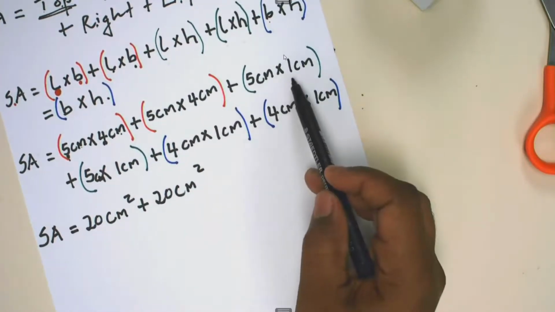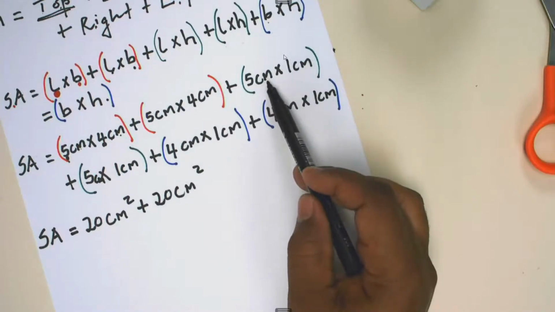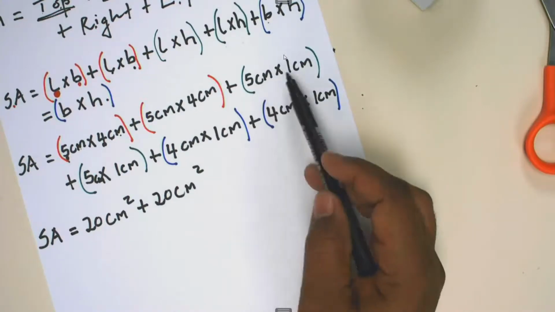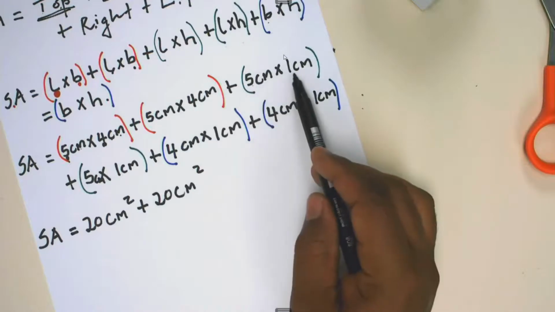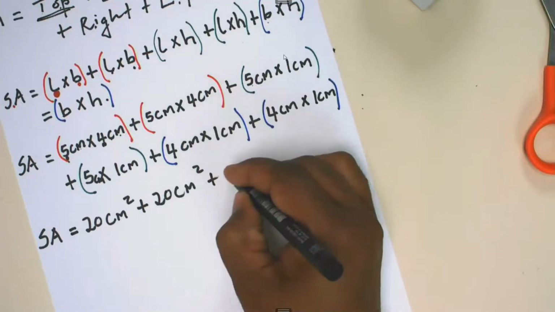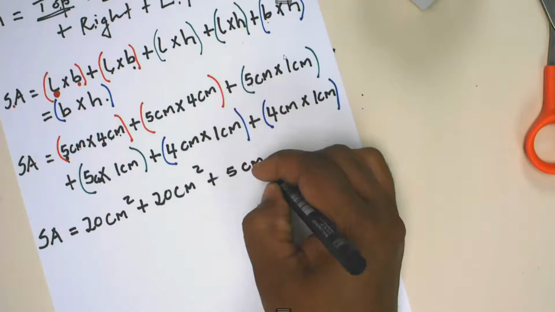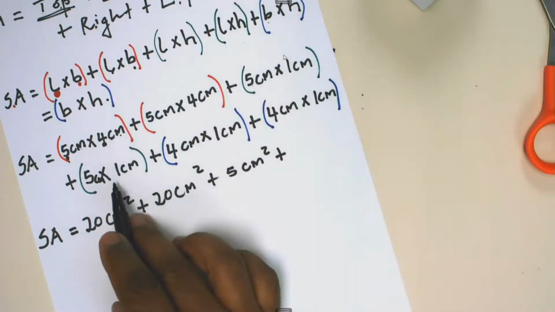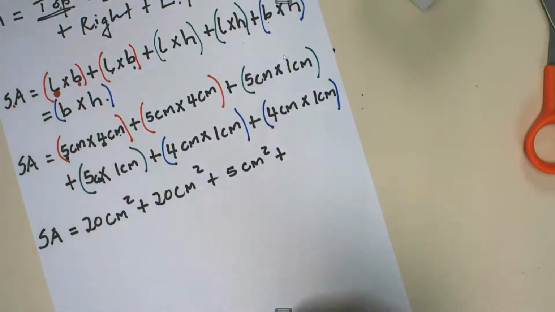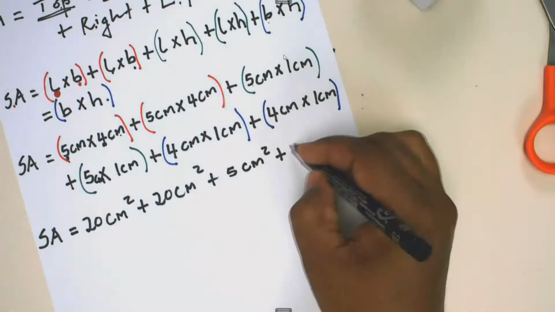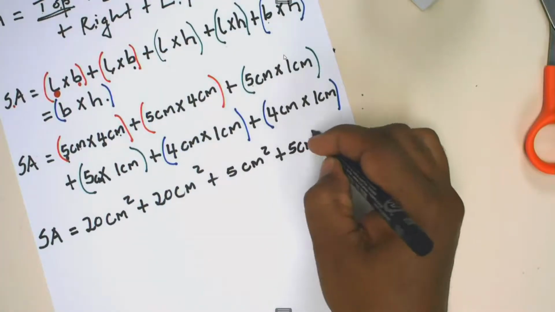Then the front and the back. That will be 5 multiplied by 1. It will be 5 centimeter squared. Plus, it is identical to the back side. 5 multiplied by 1, it will be 5 centimeter squared.